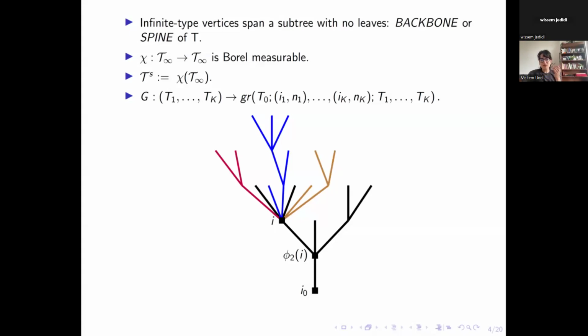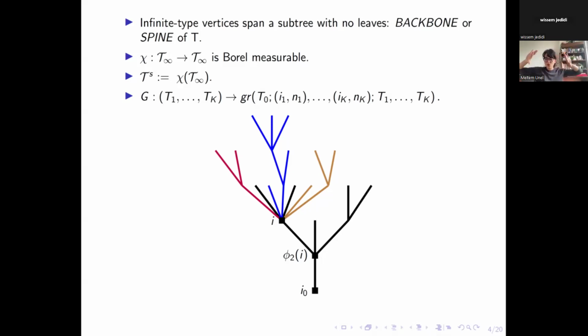Then we can define a map that we call the spine map, which I denote by chi on the second line. It takes an infinite tree, because to have infinite type vertices I need an infinite tree. This map chi deletes all the leaves, recursively.